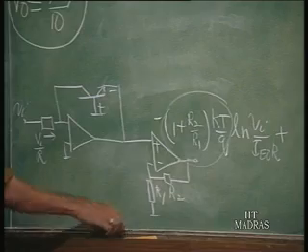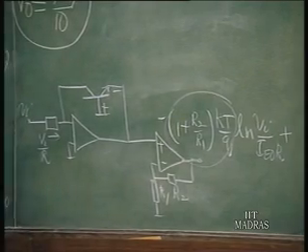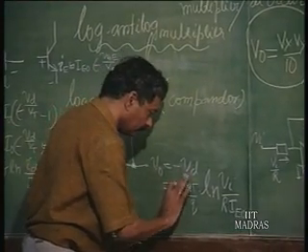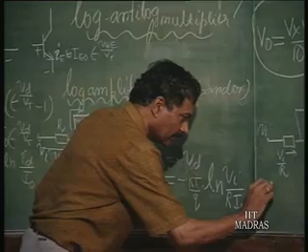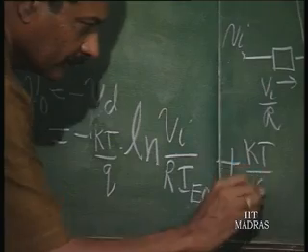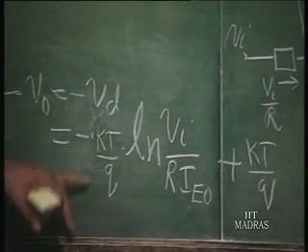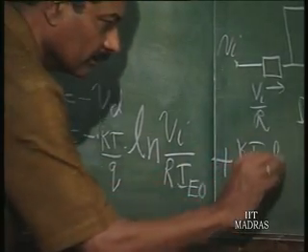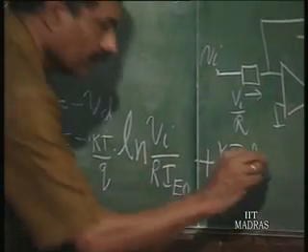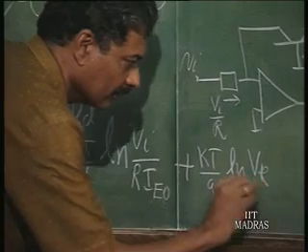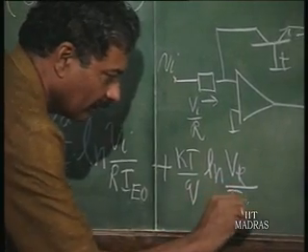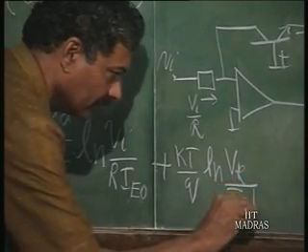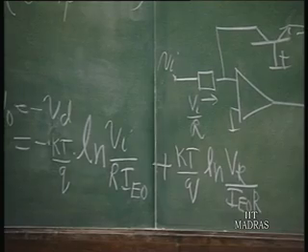I will therefore add a voltage here, please remember, plus kT over Q, this is a minus kT over Q, I will put plus kT over Q log V R by I E naught into R. So, I am adding another voltage.